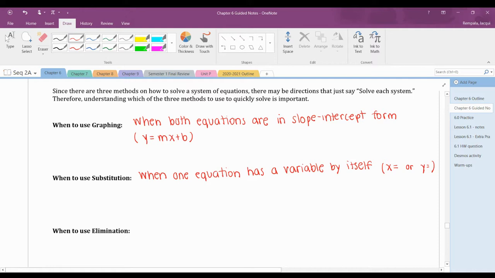So one of those equations has a variable by itself, or there is one variable with a 1 in front that could easily be isolated by itself.